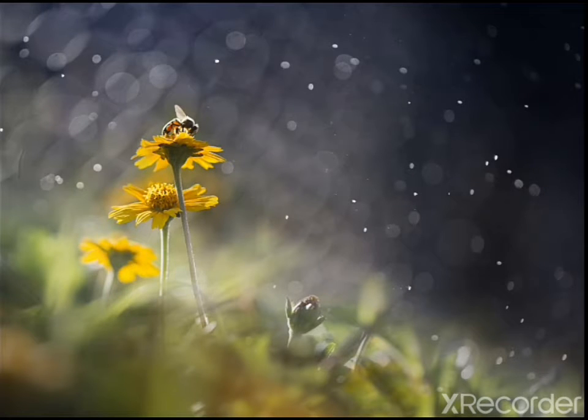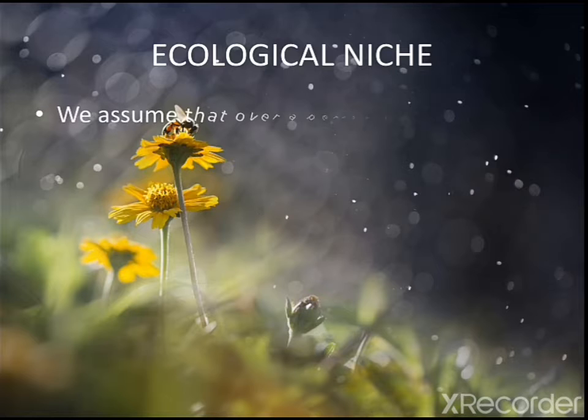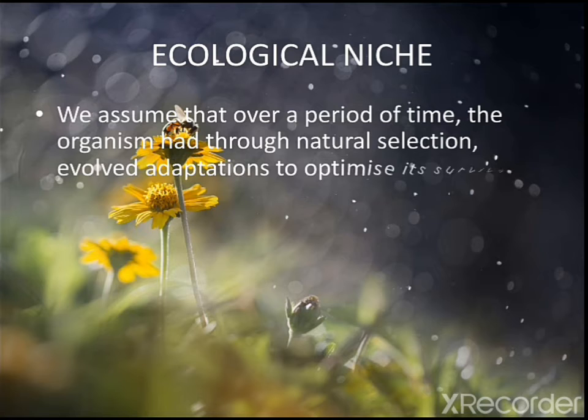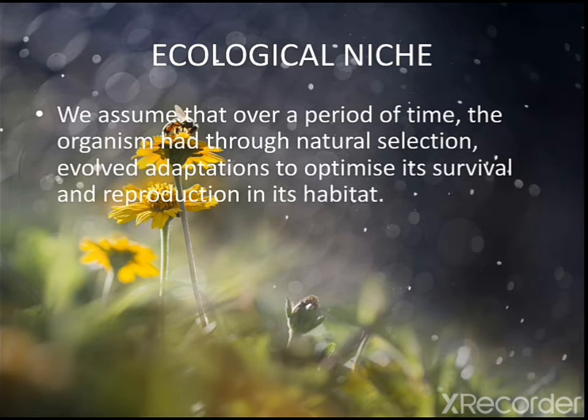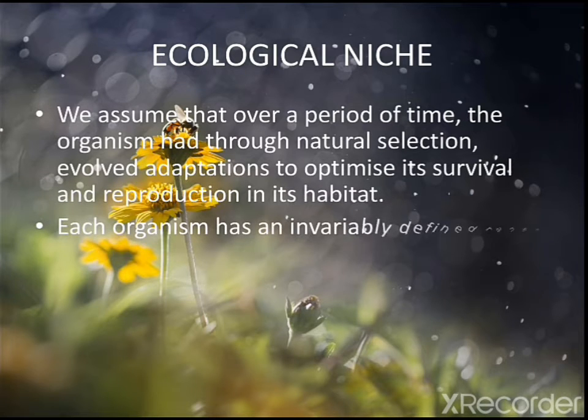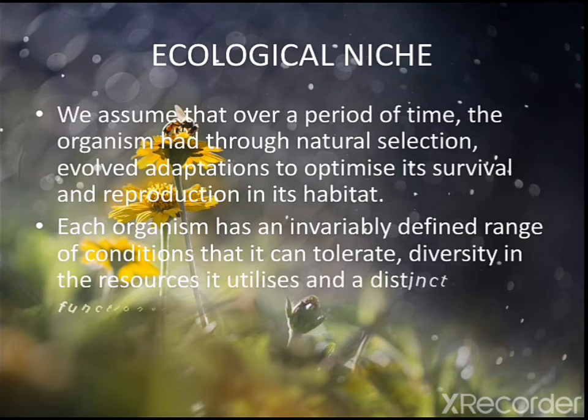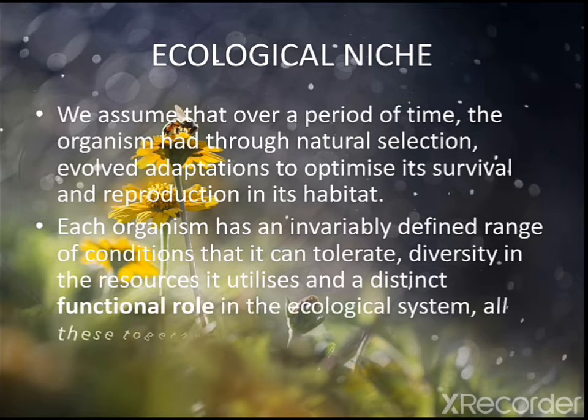This brings us to the concept of ecological niche. So what is ecological niche? What happens is that due to the passage of time, there is the survival of the fittest, right? According to the Darwinian theory, natural selection is operating in nature. As a result of natural selection, every organism tries to be the best one in its surroundings.